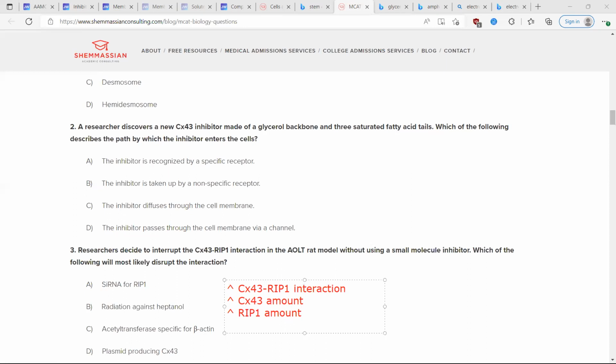It will lead to more interaction, right? Then they gave us that information that heptanol is an inhibitor of CX43. So if it's an inhibitor, that means when heptanol increases, then CX43 decreases. And if CX43 decreases, then the interaction between it and RIP1 should also decrease because there's less CX43.